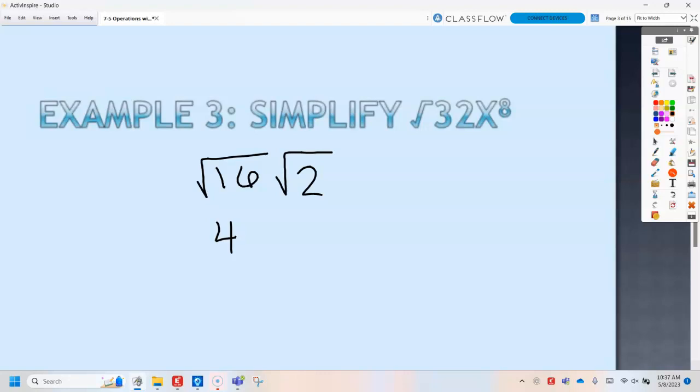We also have to take into account the variable. 8 is even, so it divides nicely. 8 divided by 2, because the square root has the imaginary 2 right here, is 4. So we get 4 x to the 4th, square root of 2.